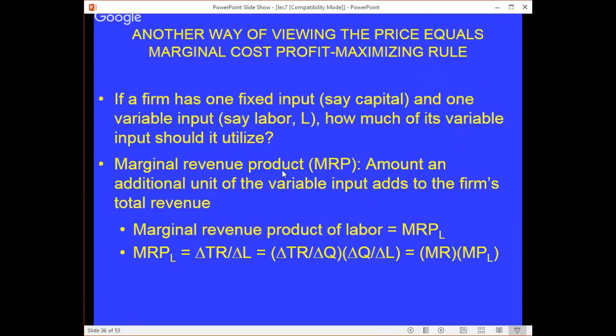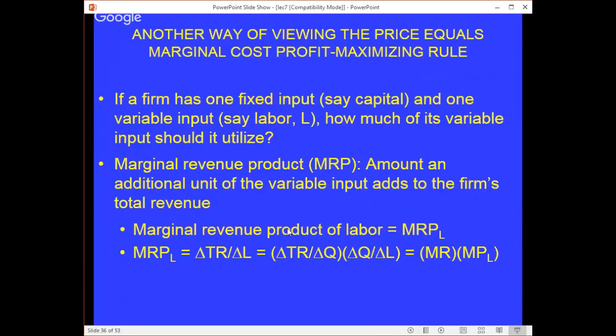Okay. Marginal revenue product, by definition, is marginal revenue times the marginal product. In this case, we're talking about labor, so it's marginal revenue times the marginal product of labor. Now, in general, it's the change in total revenue divided by our change in whatever input we're talking about, in this case, labor.